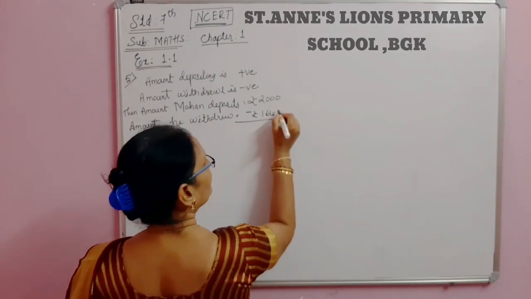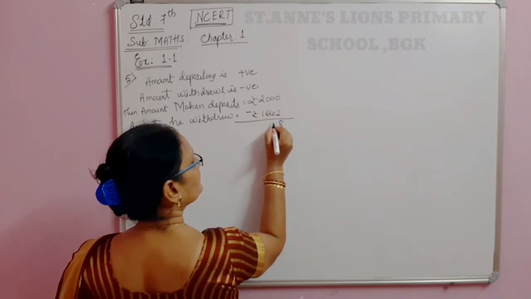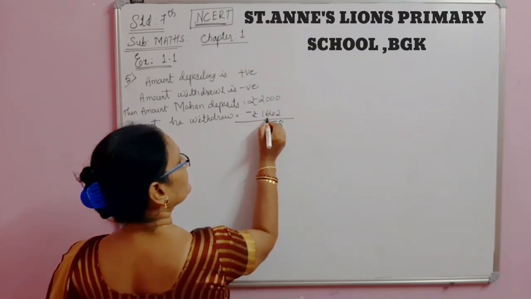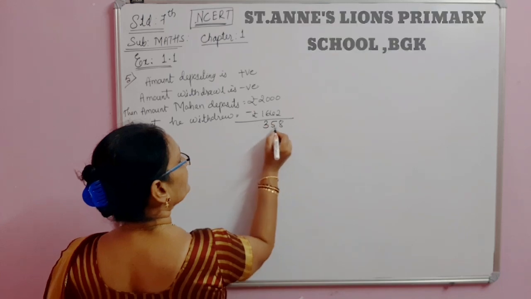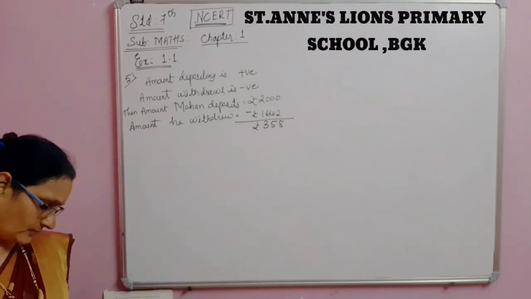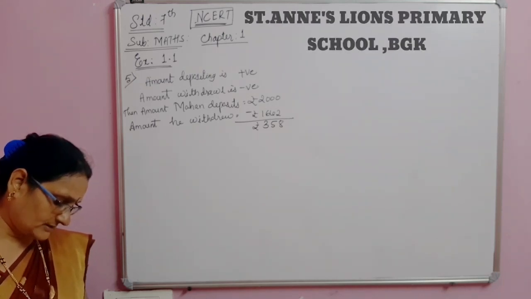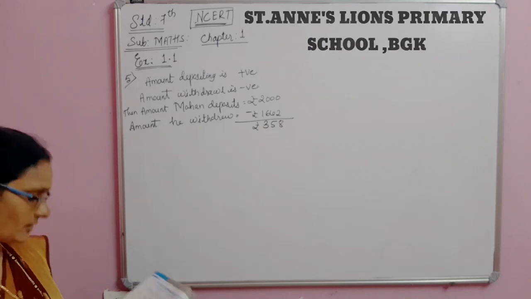Then we have to find out the difference. So what is the amount remaining? Therefore the amount remaining is Mohan's balance in Mohan's account.